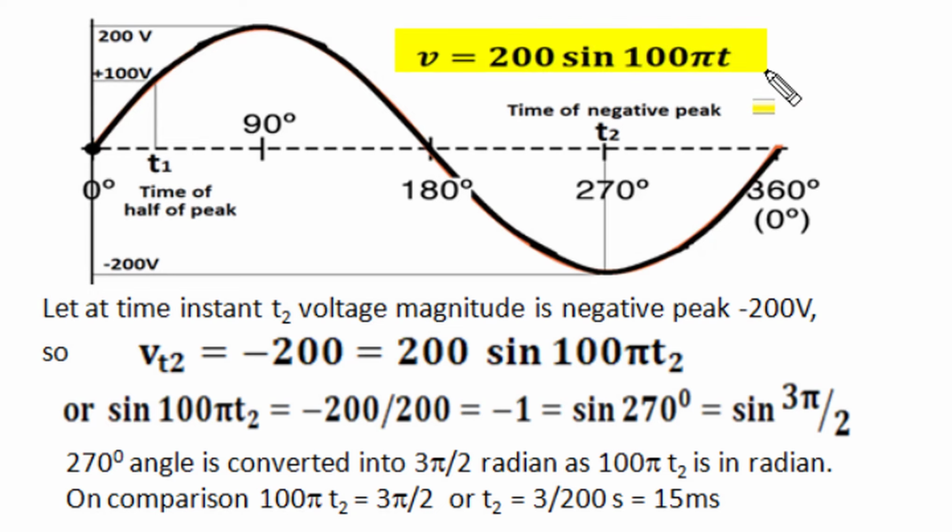This standard sine wave signal, after completion of the positive half cycle, will have negative values, and we have to find the time instant t2 for the negative peak instant.